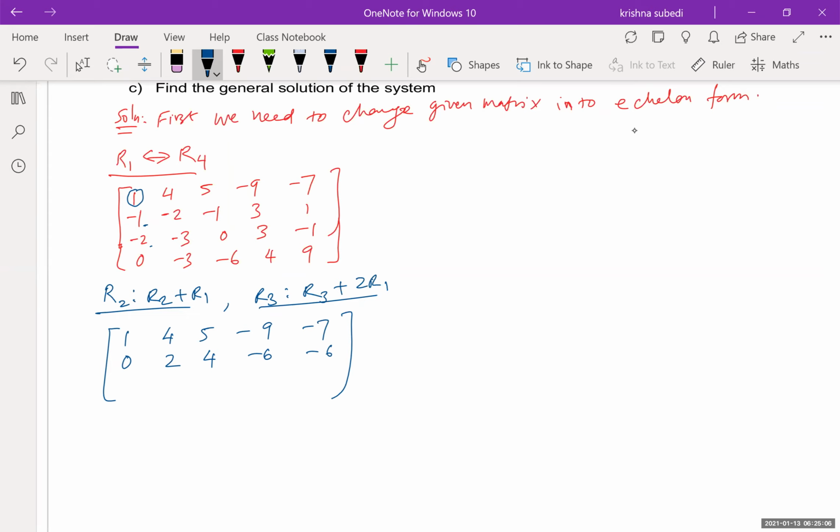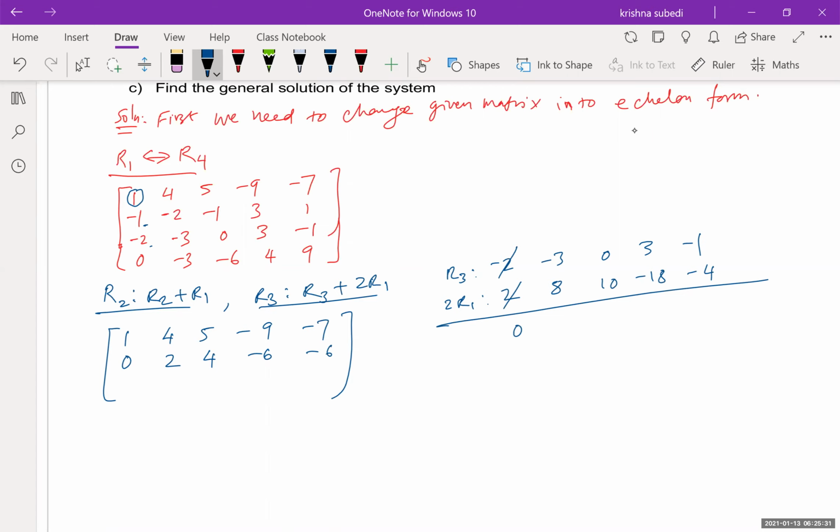Right? And in R3, let's try that. R3 plus 2R1. R3 is -2, -3, 0, 3, -1. And we're going to do 2R1, which means 2, 8, 10, -18, -14. If you add them, you're going to get that 0.